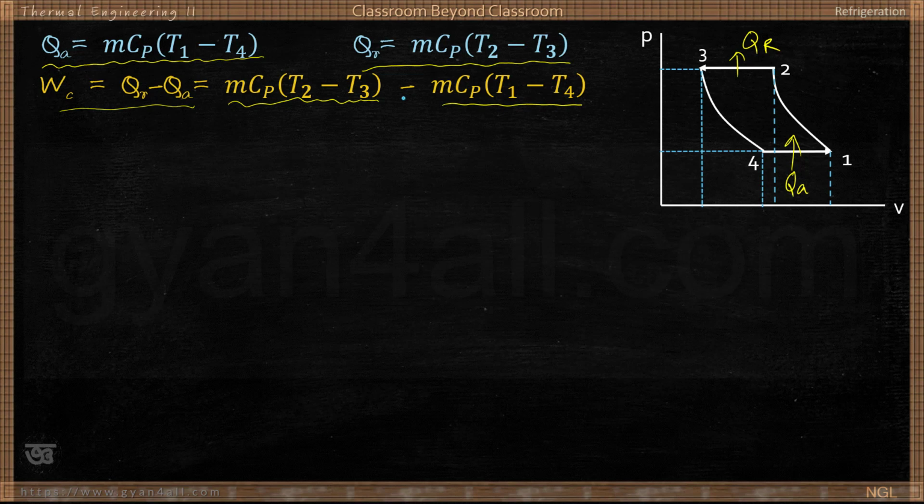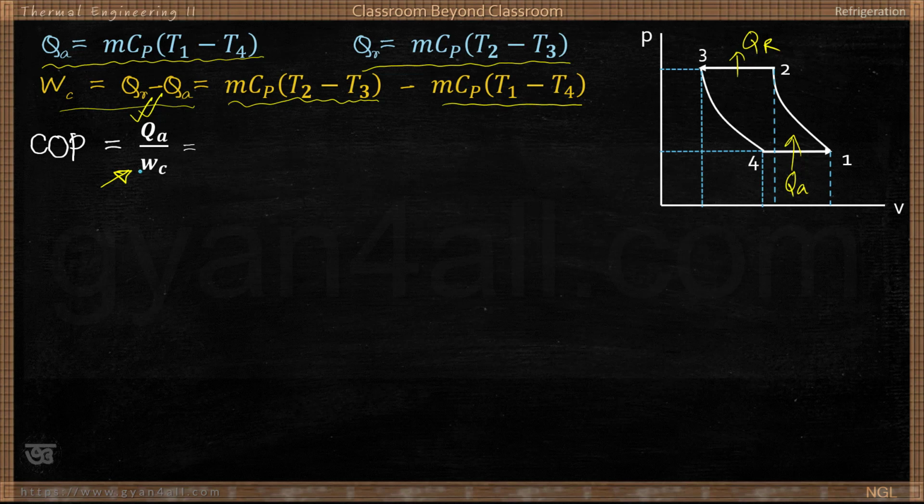So for refrigeration, the performance parameter is the coefficient of performance, that we call COP. What is the COP? Definition of COP we discussed in the 4th semester in thermodynamics. It is the refrigerating effect, or we can say heat absorbed, divided by the cost. What is the cost? The compressor work is the cost.